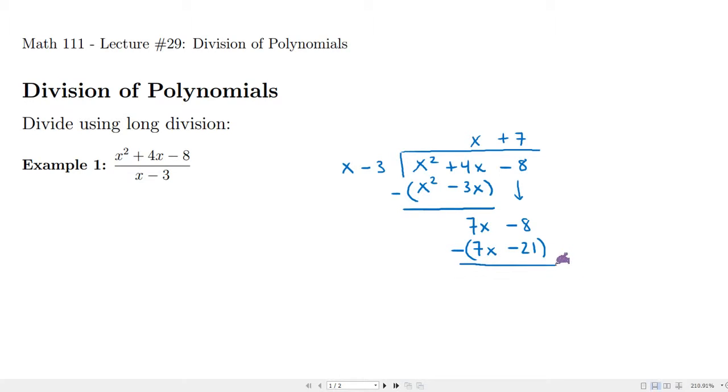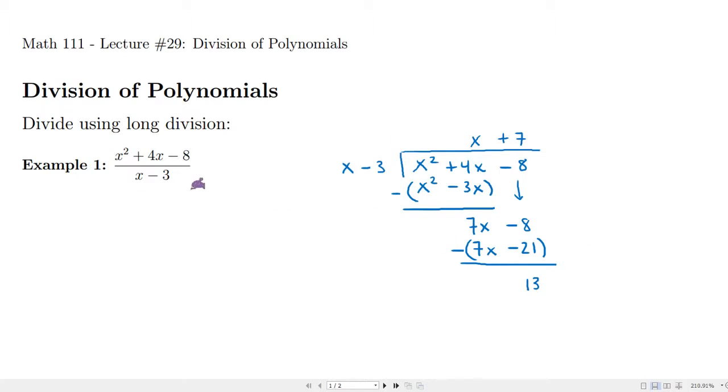So the 7x and the 7x are going to cancel. The reason for that is because we chose this number so that the cancellation will happen. And then now we have -8 minus 21. So that'll be a plus 21. So what would that be? That would be 13, right? So now we have our answer. So all this work, what does this tell us?